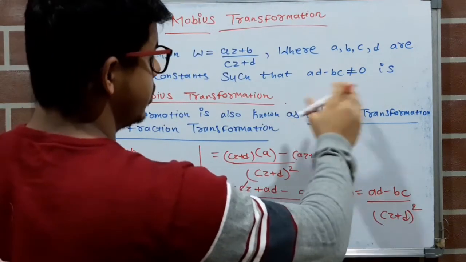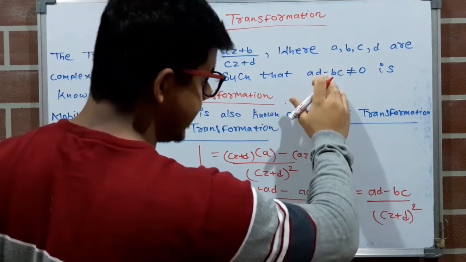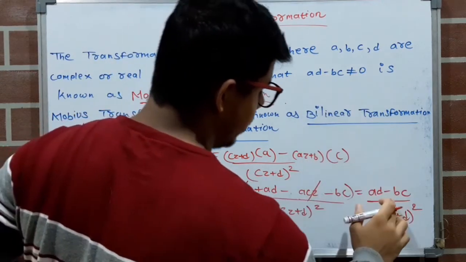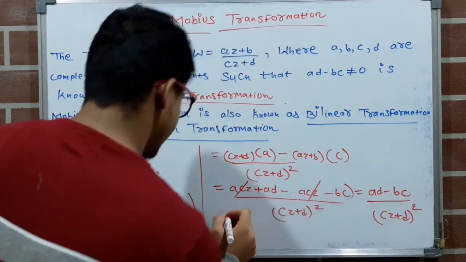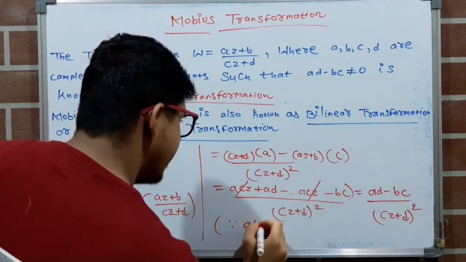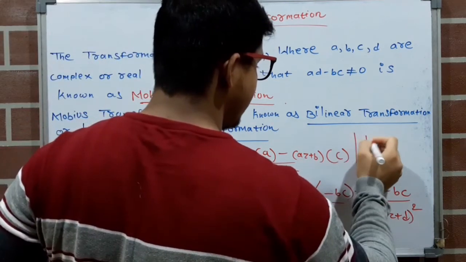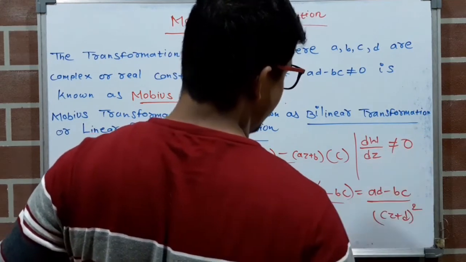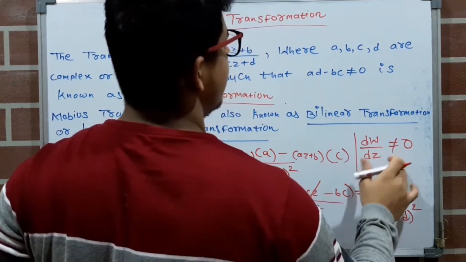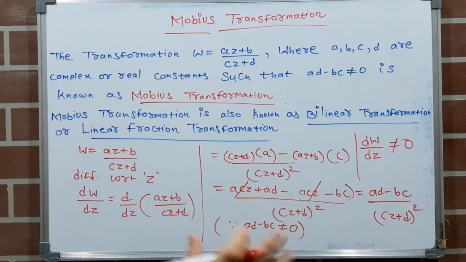In the Mobius transformation there is the condition that ad minus bc is not equal to 0. Since ad minus bc is not equal to 0, dw upon dz will not be equal to 0. That means the derivative is not equal to 0, so our Mobius transformation is conformal.